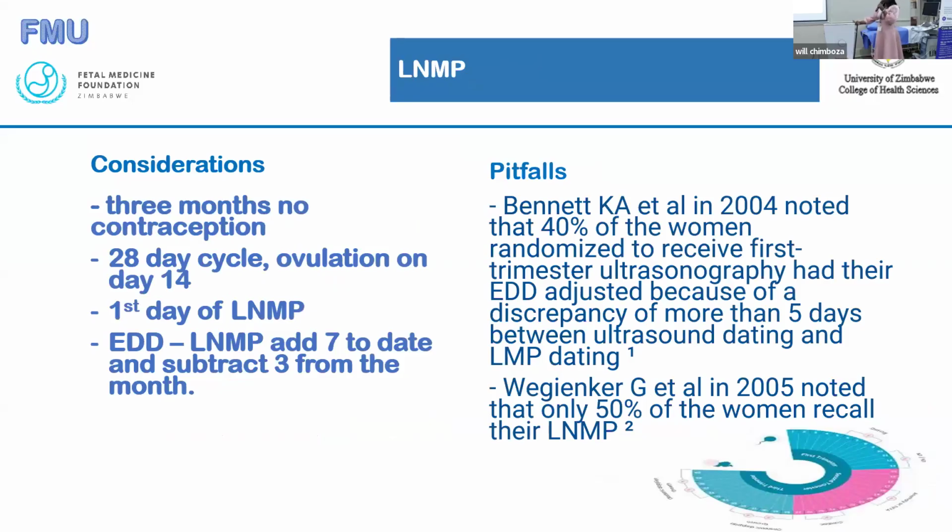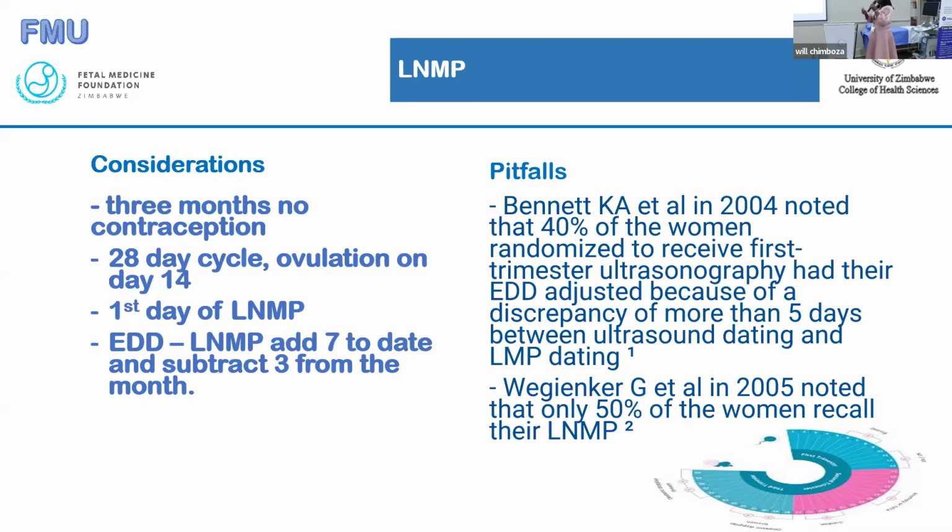We'll go through the first two that I mentioned. The last normal menstrual period is of historic importance, and maybe the only tool that is available in some local clinics. When using this tool, there are factors that we should consider. The patient should not be on any method of contraception for at least 3 months prior to conception.